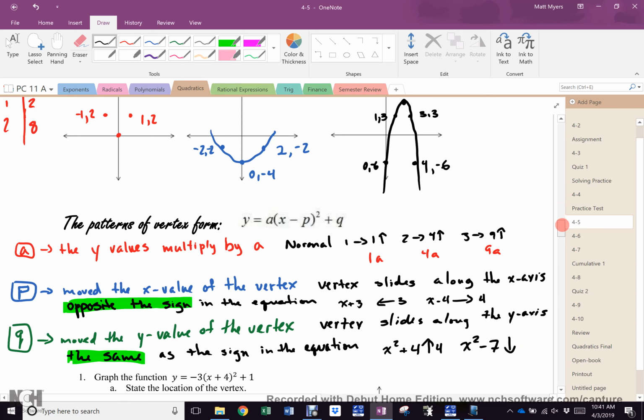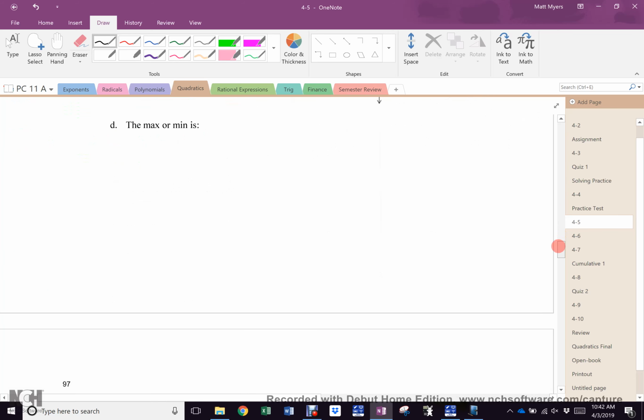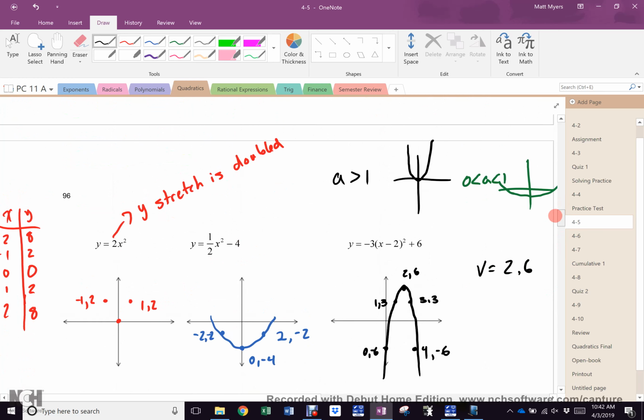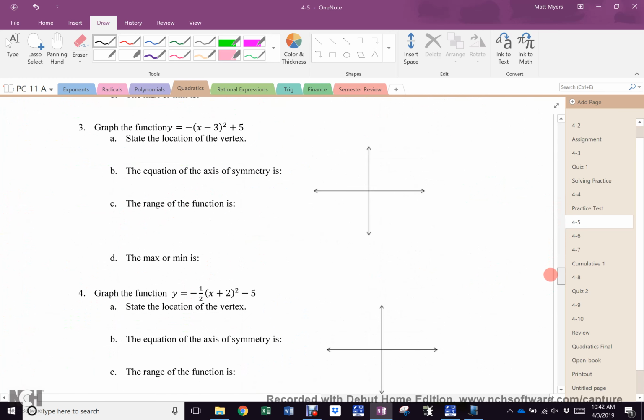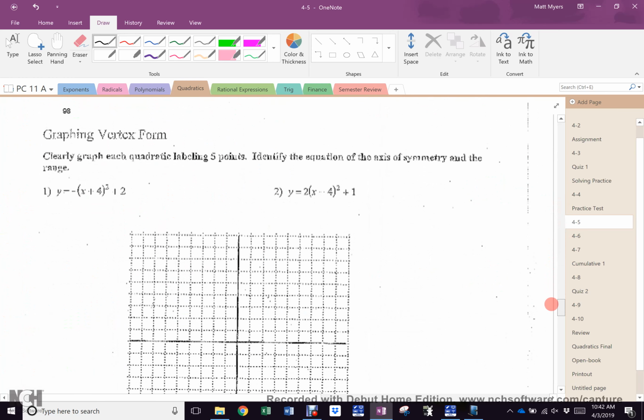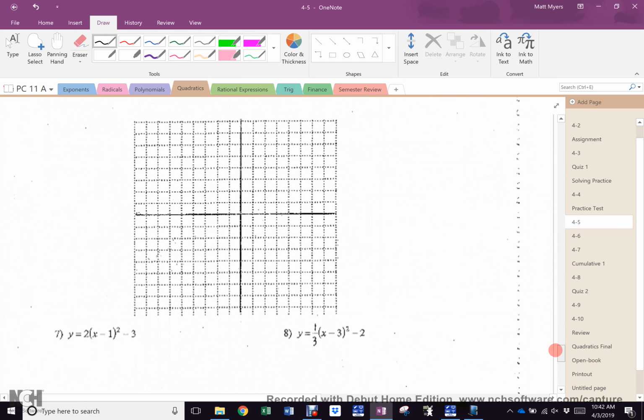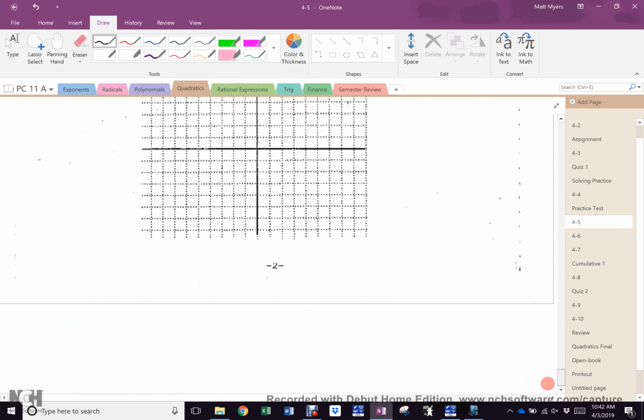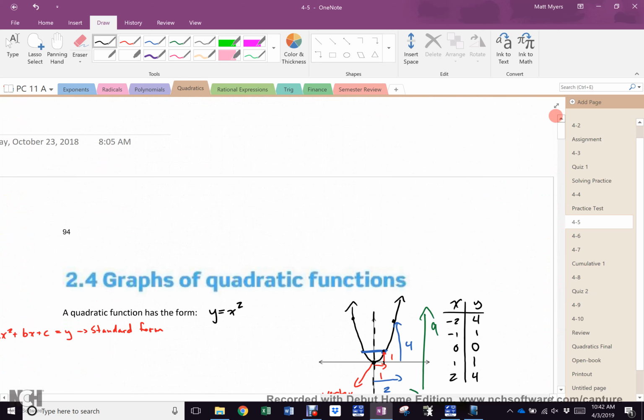And I want the rest of whatever page we're on, 96 to 99 done. Everybody cool? Practice test, and 96 to 99.